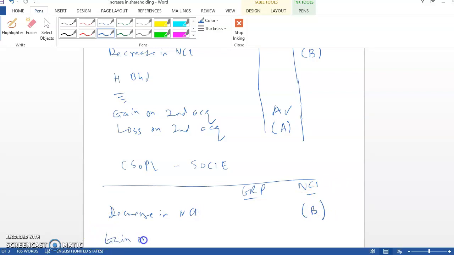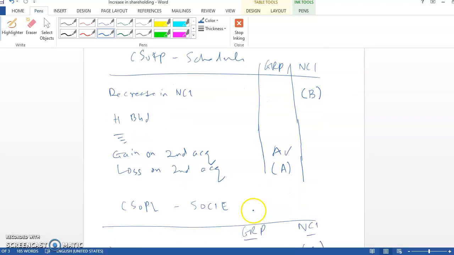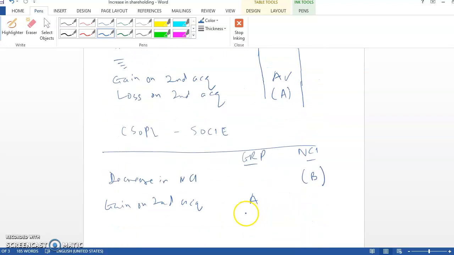So if there is a gain on second acquisition, you put A. If it is a loss, then A will be in brackets. This is where you adjust your adjustment in your SOPI as well as SOPL.